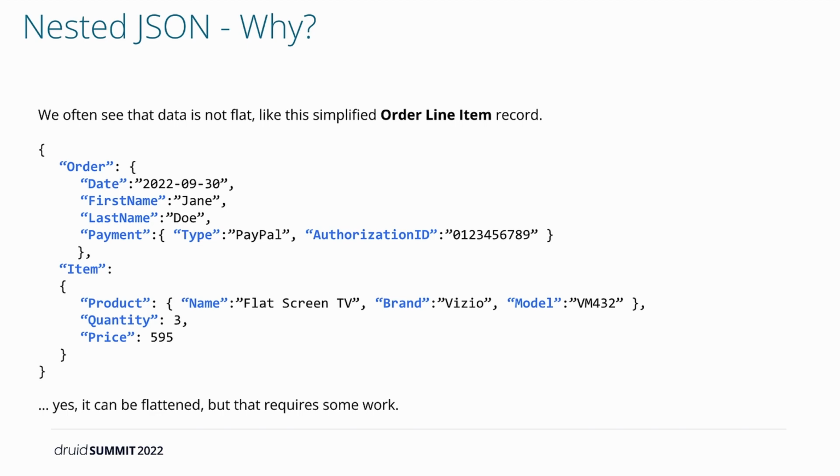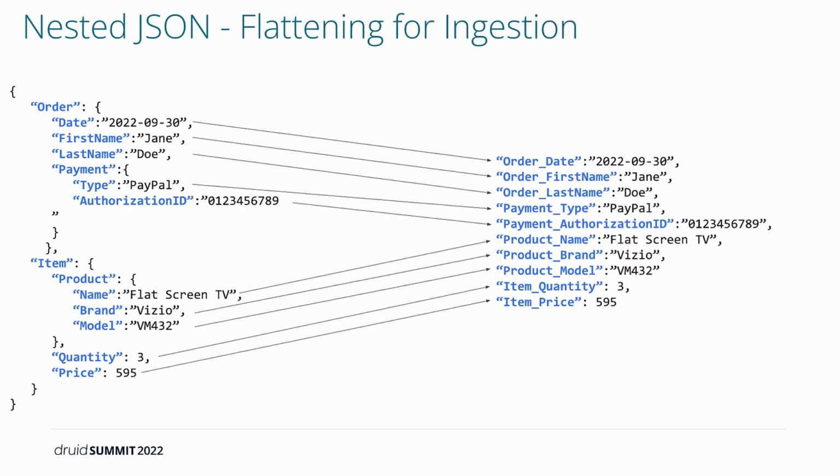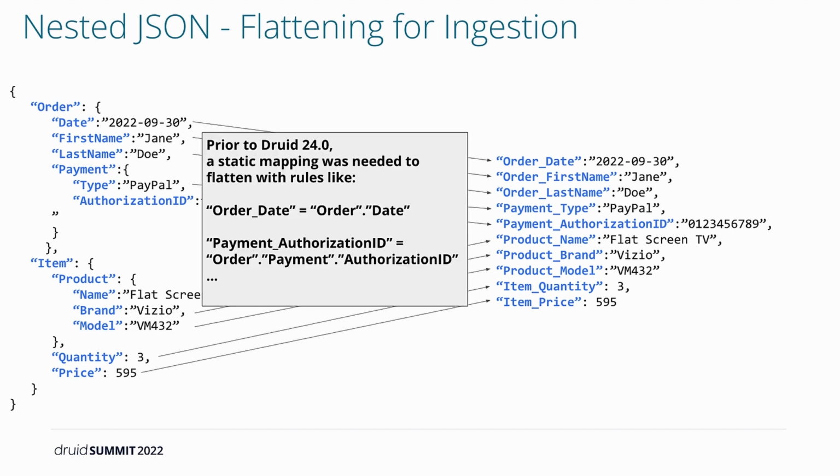so it's a common form of data. With Apache Druid, before this release, this kind of structure could be flattened, but that requires some work, so let's talk about what that work is. This work is about mapping the individual nested fields into columns within the target table, so that each nested field ends up in a single column in the Druid table. This requires us to provide static mapping rules that are usually specified in a flattening spec.